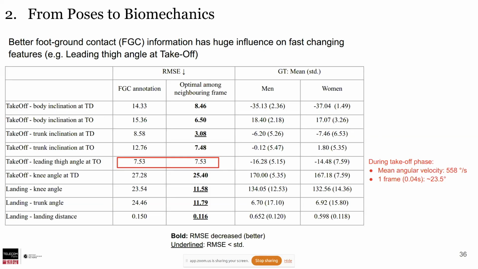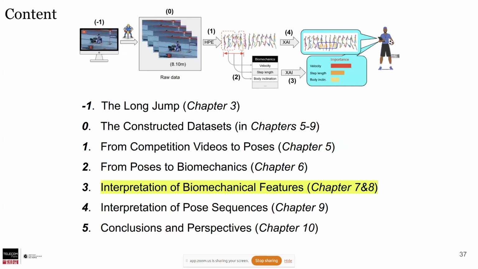So with one frame change, it's already 23 degrees. So this will cause us problems when predicting those highly fast-changing features. And next, we would like to address how we can interpret the biomechanical features.